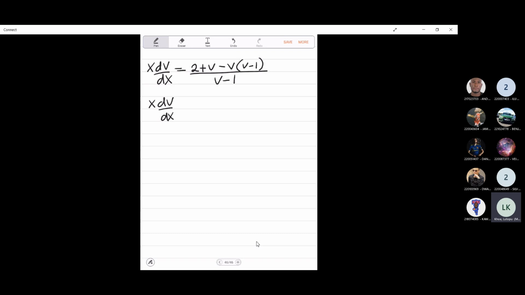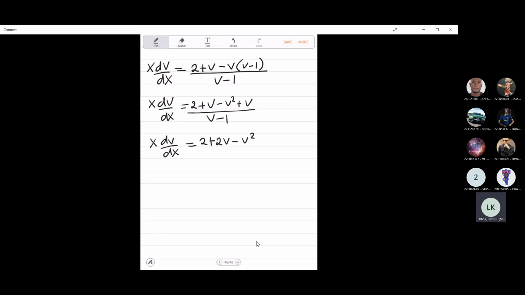This is 2 plus v minus v squared plus v, minus 1. x dv dx is equal to 2 plus v, 2 plus 2v minus v squared over v minus 1. Okay, so we just need v and dv together and x and dx together.